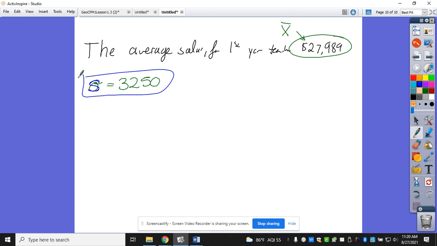So let's write it. I'm going to skip to B. So what do you think the $20,000 a year is supposed to be? If this is my X bar and this is my S, what do you think $20,000 a year is? My value, my X. So let's write it in terms of those, the last problems on the worksheet we just did.